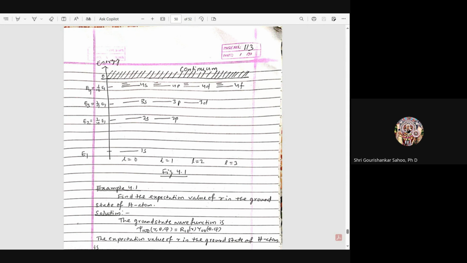So let us have these specific problems in the next class, or shall I continue? Shall I continue the application, or we shall have it in the next class?